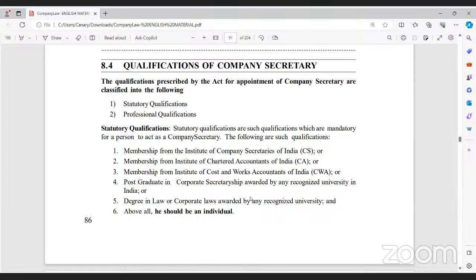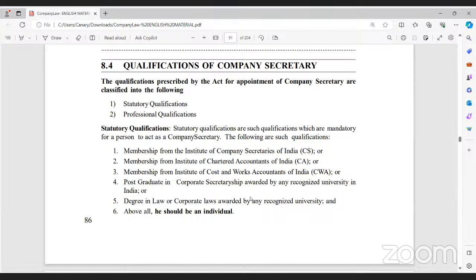Or else he must be a member of the ICMA, cost and management accounting. The ICWA is the old name, cost and works accountants of India.